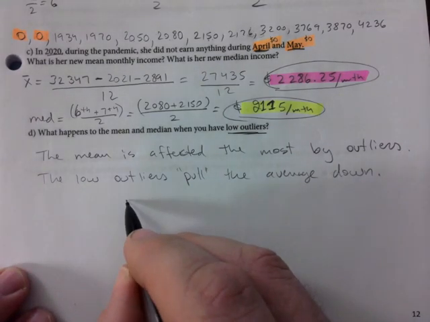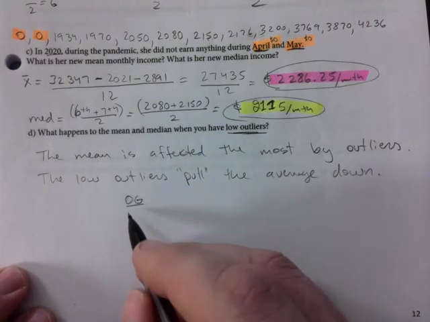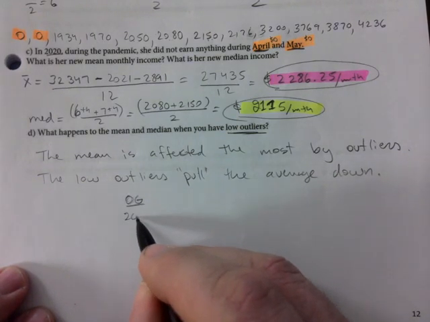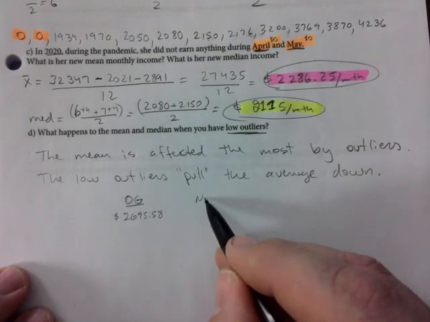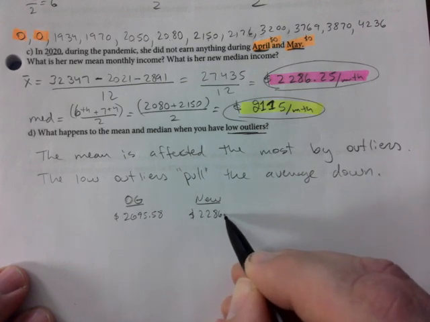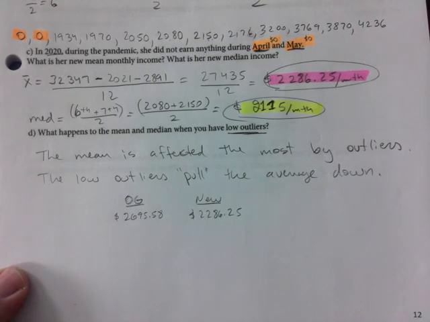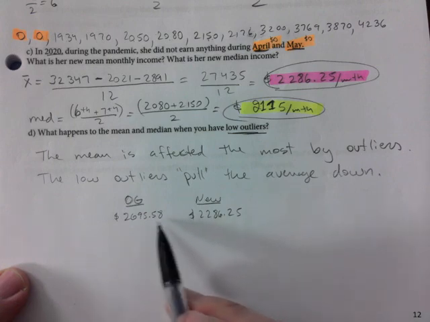So original, OG, isn't that a word? My kids always use it. It's the OG. 2695.58, right? And then the new is 2286.25. Okay. So it's been pulled down.